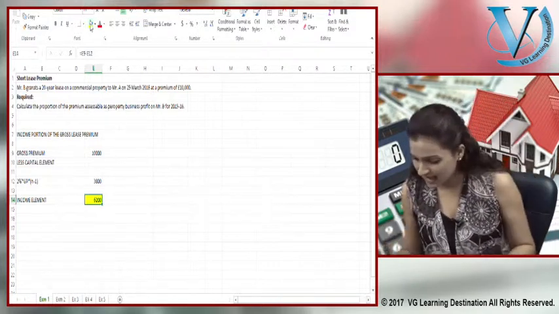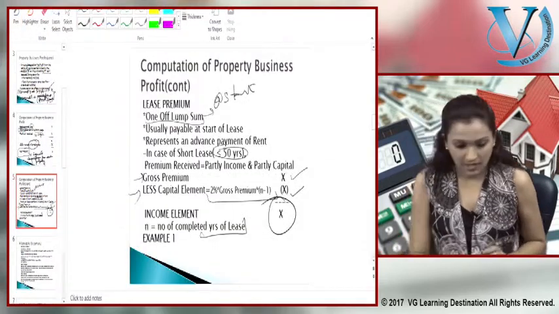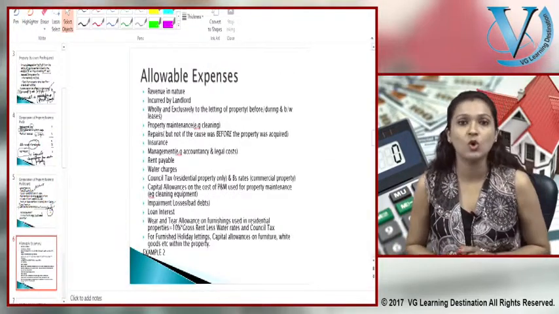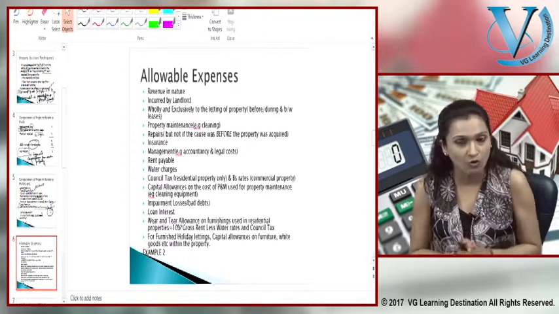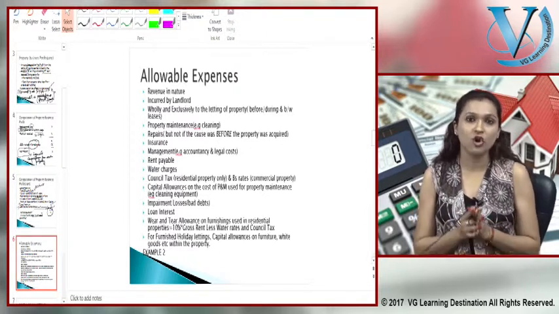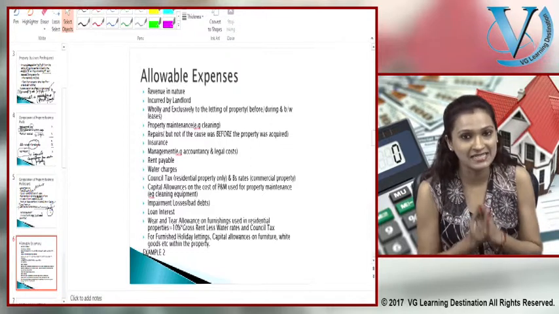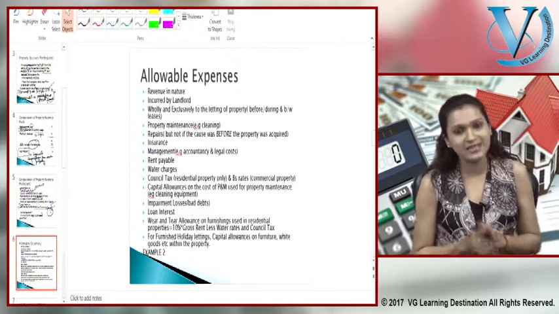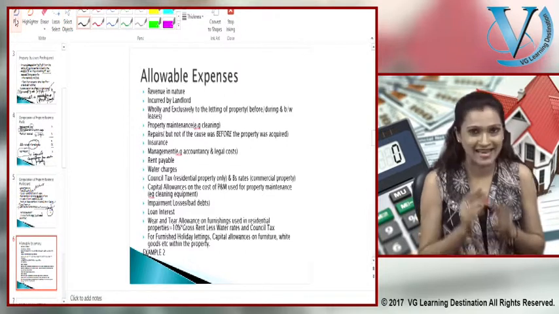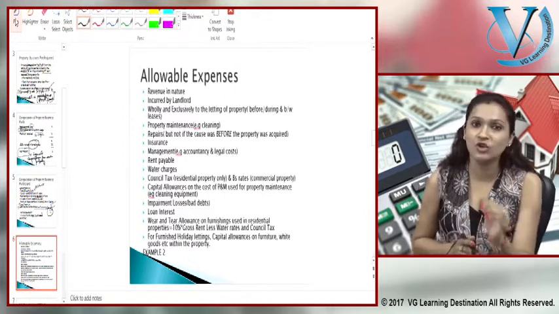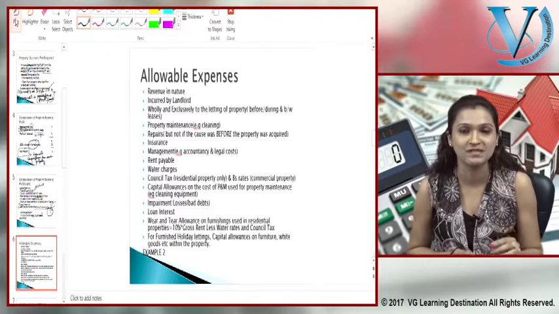What do we have up next? Let's have a look at the whole list of allowable expenses that are going to be allowed for you to calculate your property business net profit. Now, these allowable expenses as a general rule are going to be what? Obviously any expense which is revenue in nature. No capital expense is going to be allowed as an allowable expense.